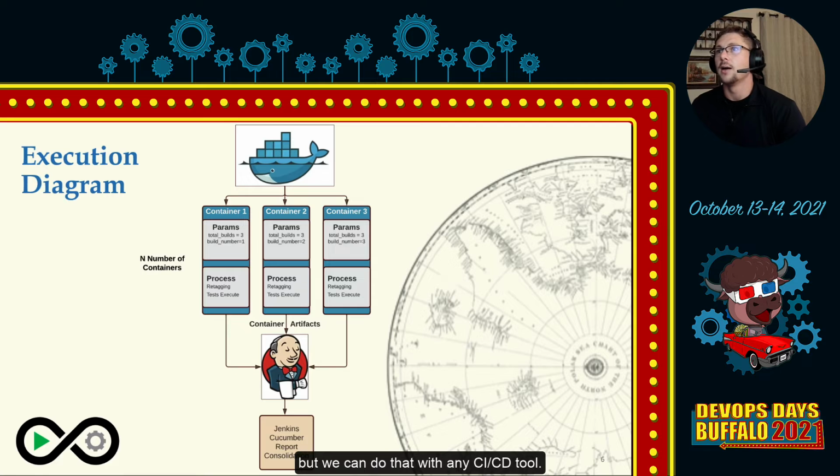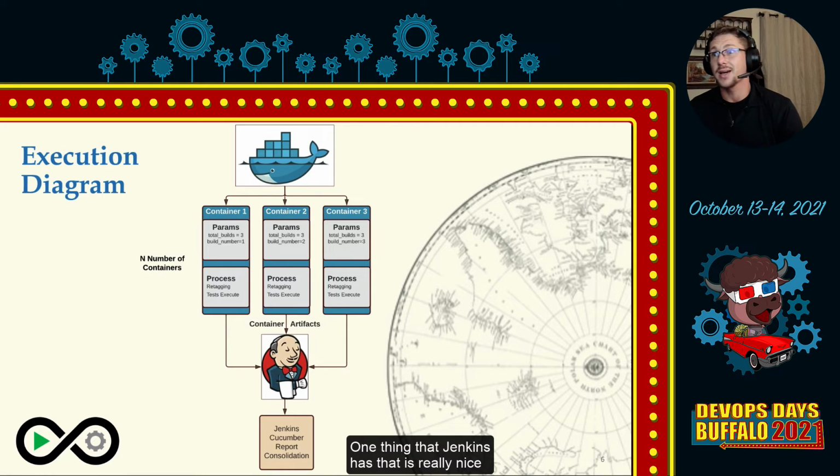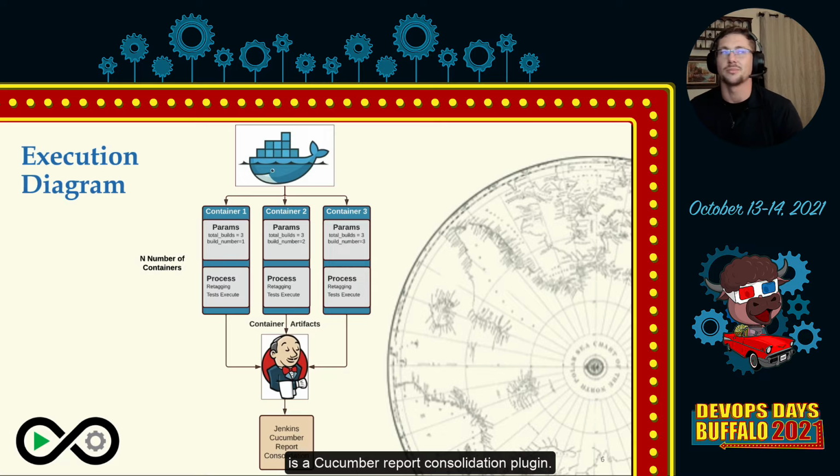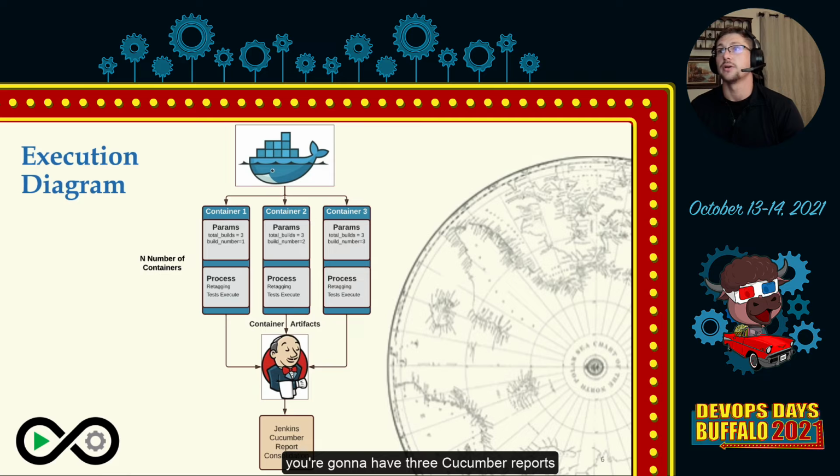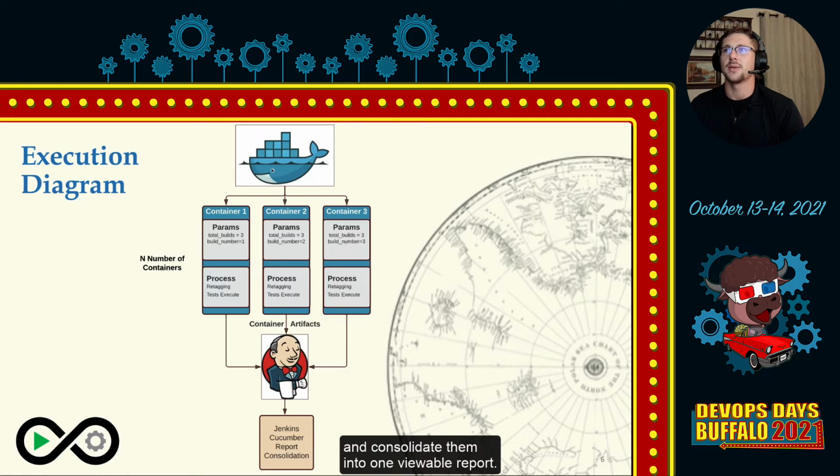But we can do that with any CI/CD tool. One thing that Jenkins has that is really nice is a Cucumber report consolidation plugin. That plugin allows us to take all the HTML reports from all the Cucumber executions across the containers. So if you had 3 containers, you're going to have 3 Cucumber reports, and it consolidates them into one viewable report.